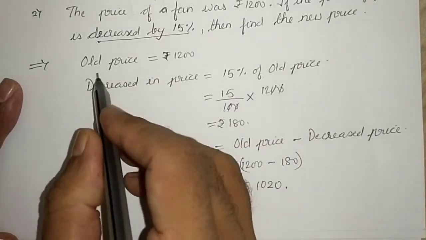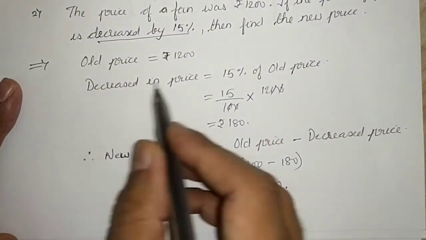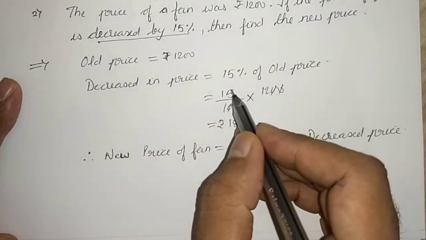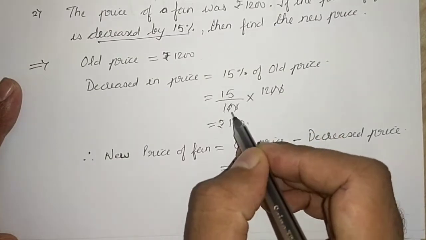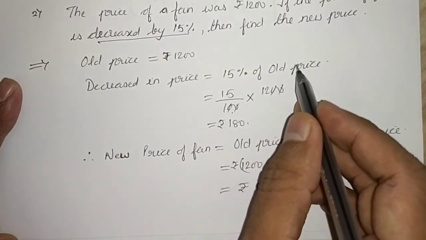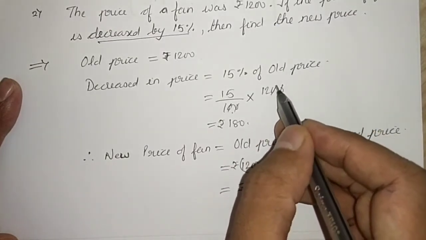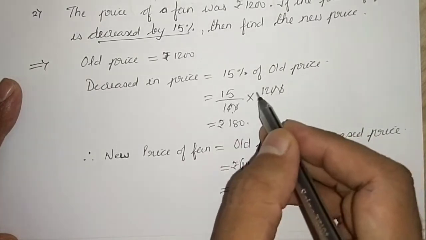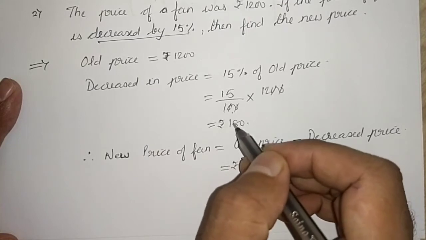So what will we do? We will write the old price, decrease in price, 15% of the old price. So 15% I can write as 15 divided by 100 into old price. Old price was 1200. So the 00 and 00 of 100 will be cancelled out. 15 into 12 will give me 180 rupees.